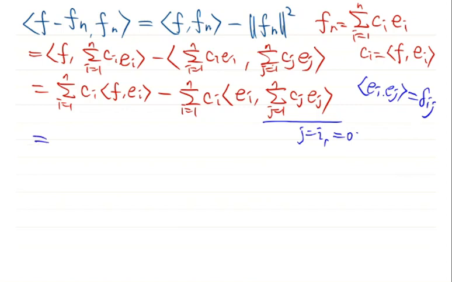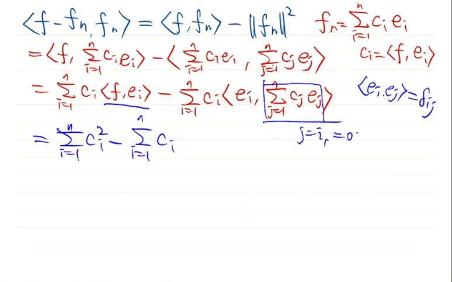So this gives us: the inner product of f and ei is ci, so ci squared, subtract the sum of ci squared. In the sum, only the term j equal to i is non-zero. When j equals i, this gives us ci ei, and making the inner product with ei gives you ci. Therefore, this is also ci squared, and the result is 0.